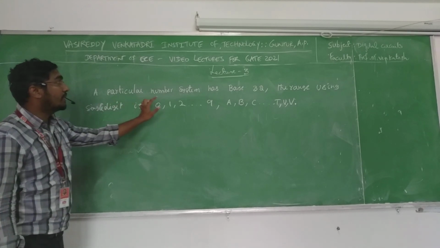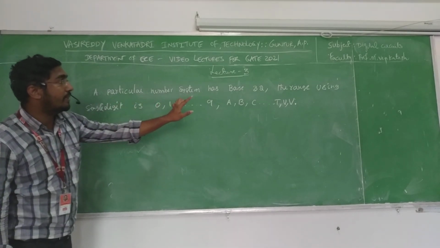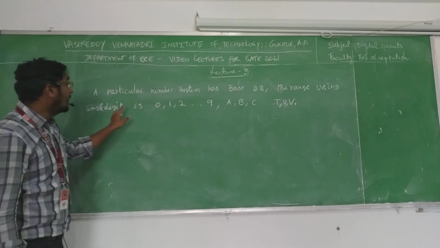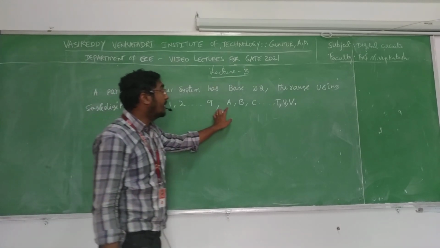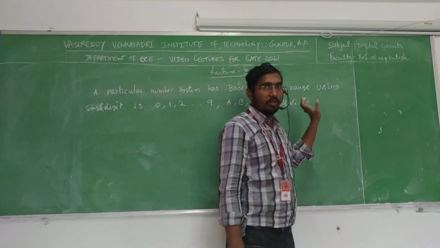A particular number system has base 32. The range using a single digit is 0 to 9, then A to V.